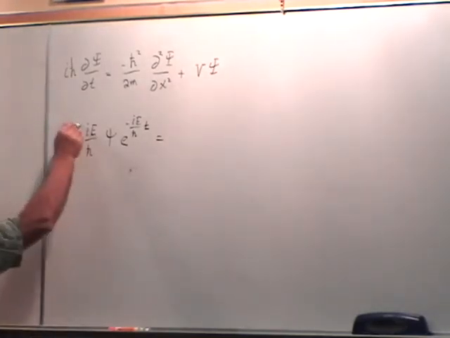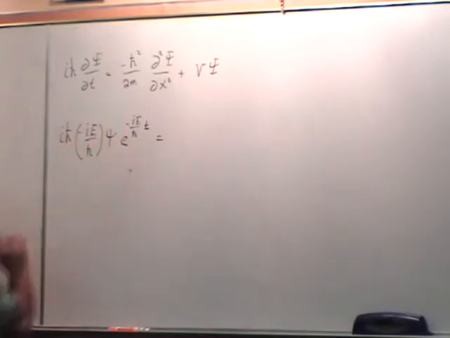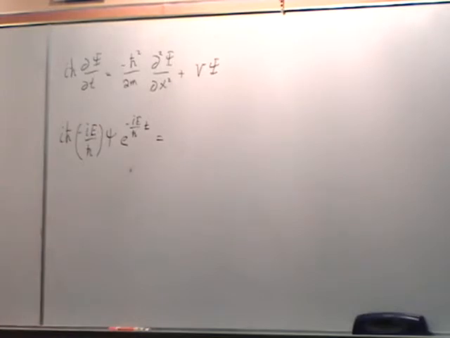So I'm going to put this here in parentheses, because all I'm doing is pointing out the argument out front once I differentiate once with respect to time. And then you get the thing back again. And of course, this part is spatially dependent, so it does not get differentiated.